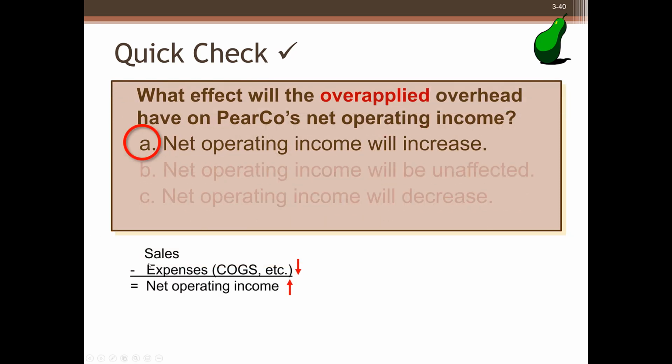So cost of goods sold goes down because of the closing from over-applied overhead to cost of goods sold. We subtract less expenses from sales, so net operating income increases. The answer is A.